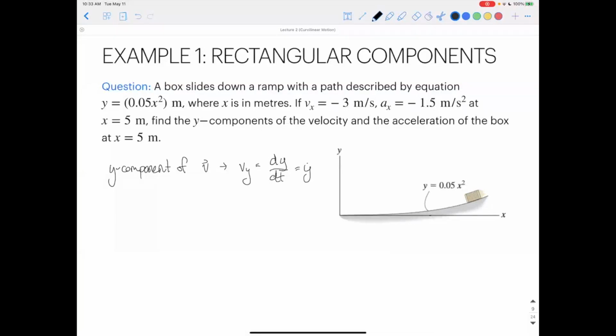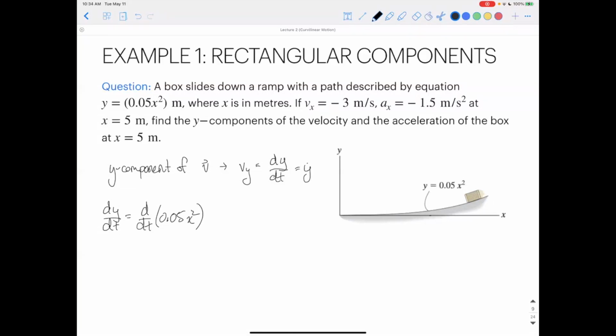So we have an equation for y. Let's use that. Let's take the time derivative of our function y is equal to 0.05x squared. So dy dt is equal to the derivative with respect to time of 0.05 x squared.